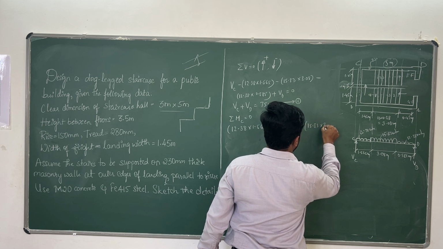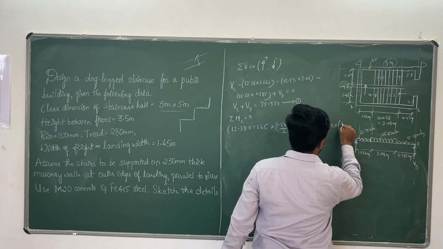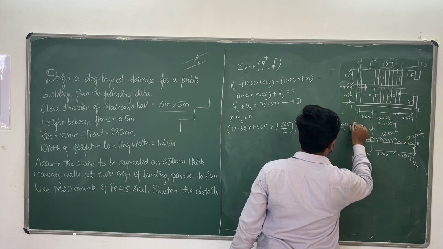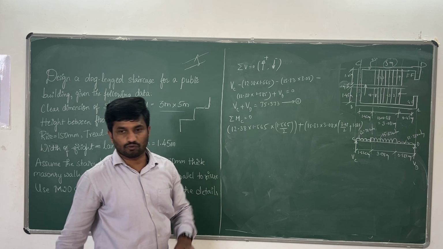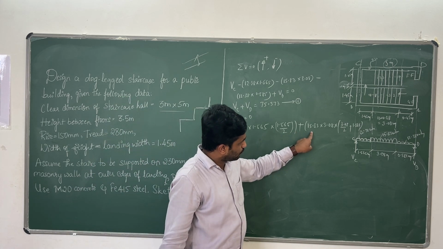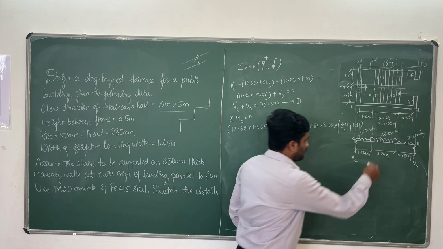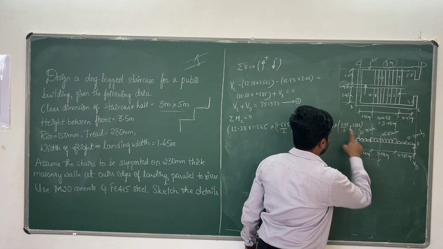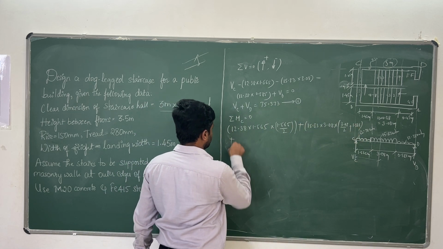The distance is 3.08. That multiplied by 3.08 by 2 plus the distance 1.565. Have you got this one? 15.83 multiplied by 3.08, that multiplied by this distance. What is this distance? 1.565 plus 3.08 by 2. Clear?